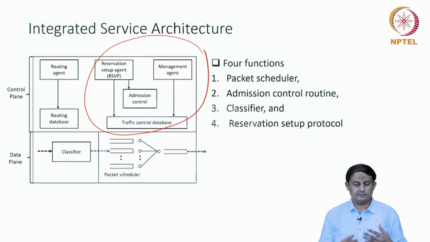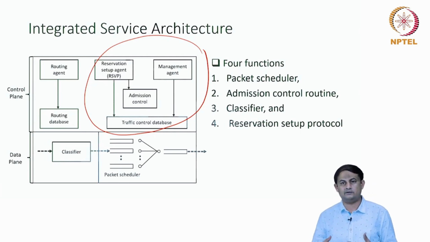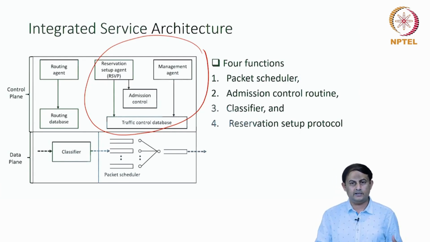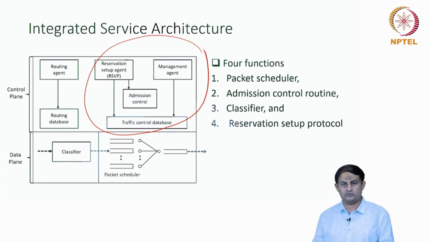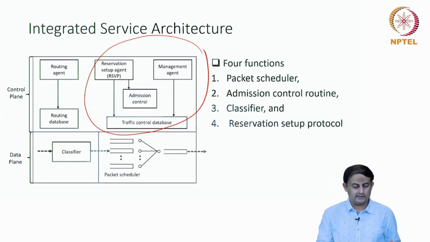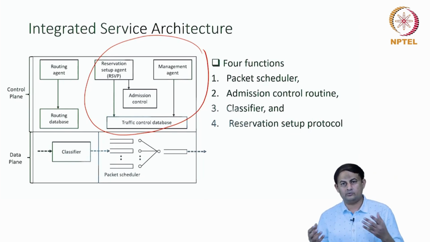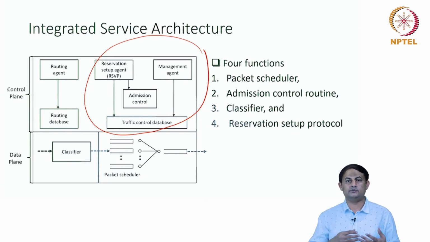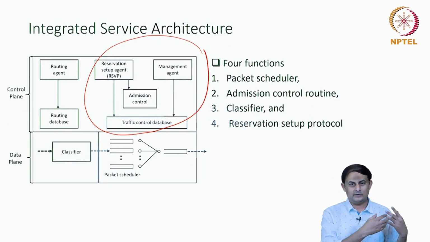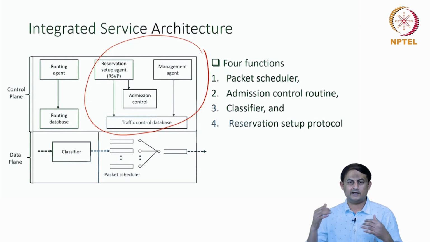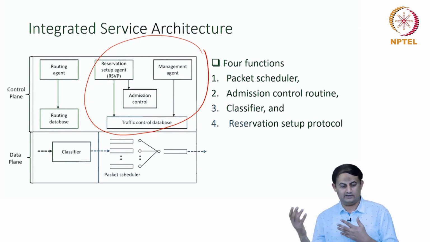This traffic control database is consulted by the data plane to make certain choices of transmission. So you have the traffic classifier which will identify what to do. A bunch of rules are there using which you can decide whether to forward this packet or drop this packet, with the priority and all that.